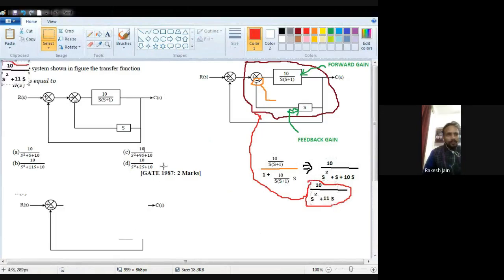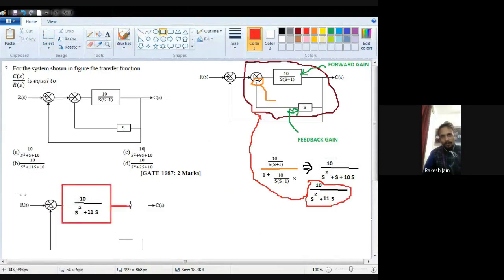Only this value will become, with the help of a rubber. Now the block diagram is changed according to our calculation. So now this will be your new representation of the same question.